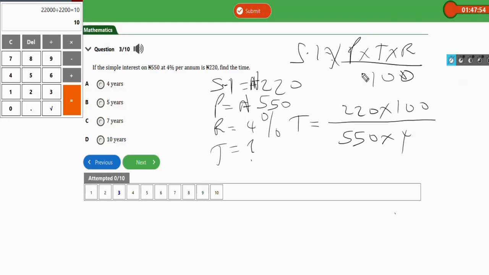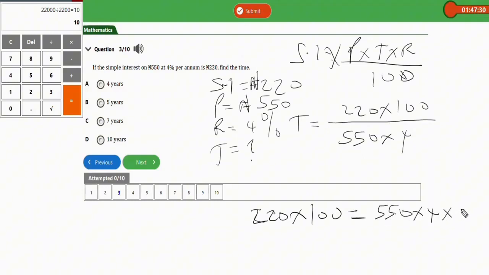We are making progress. For those of you that don't know how I arrived at this solution, remember when you cross multiply, initially you're going to have 220 times 100 equals 550 times 4 times time.